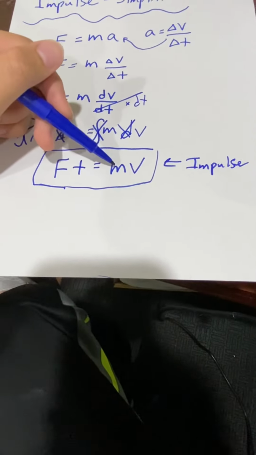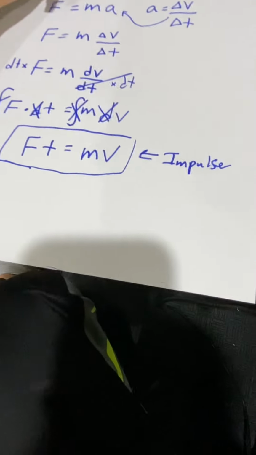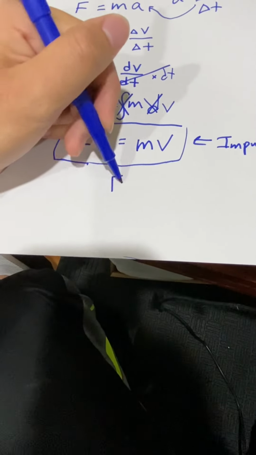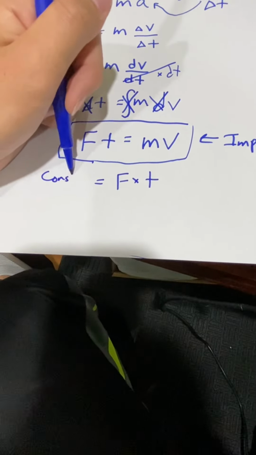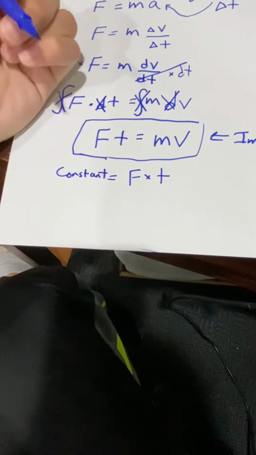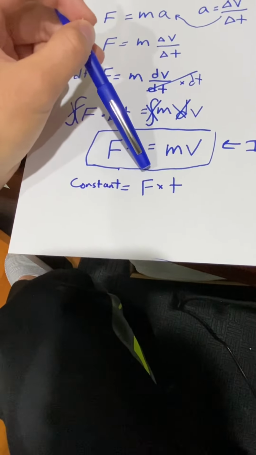And if we think, mass doesn't usually change. And if we assume the velocity is a constant number, we get force times t is equal to a constant value. Which means that since we want the product of force times t to be constant, if force increases, t has to decrease.